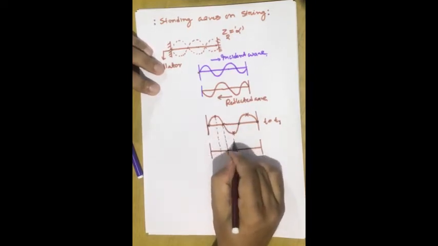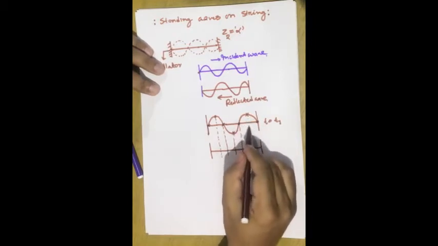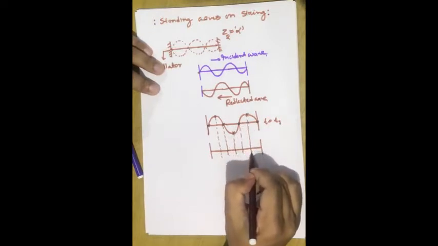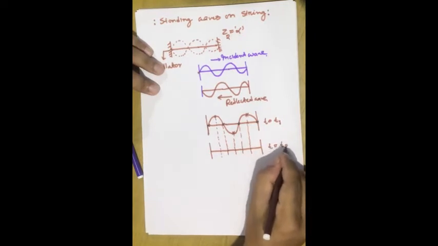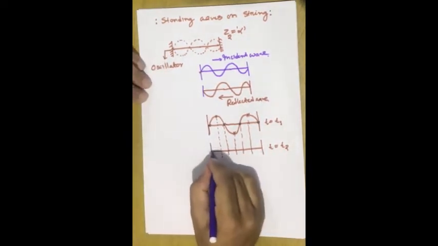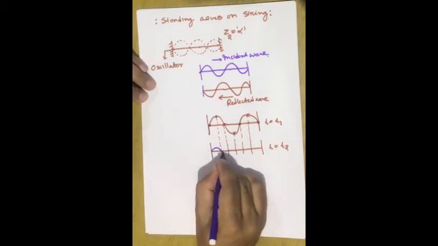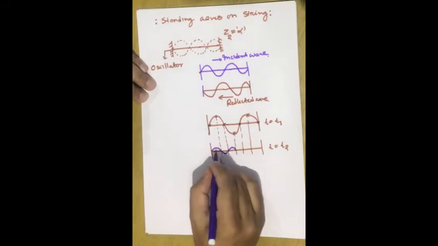The position will remain fixed, but the amplitude of the maximum and minimum will change with time. If I plot it, then at instant t is equal to t2, the standing wave pattern may look like this.